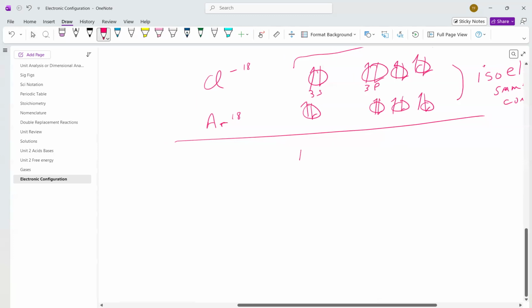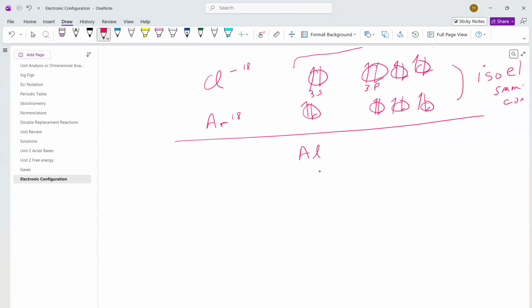Let's look at aluminum. Aluminum's underneath boron, right at the beginning of the p's. Now I'm just going to do the valence.